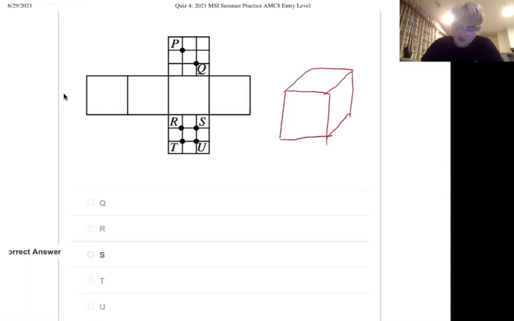Let's put the bottom side on the right side of the cube. And the letters here will just be R, S, T, and U. And the upper side will be on the left side of the cube.